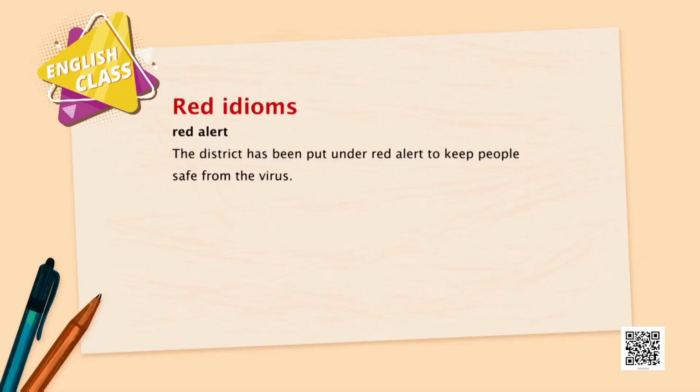Red alert. The district has been put under red alert to keep people safe from the virus. Red alert is a kind of official action by the civic authorities or police or sometimes army. When some untoward incident happens or is expected to happen, they put the entire place under red alert.